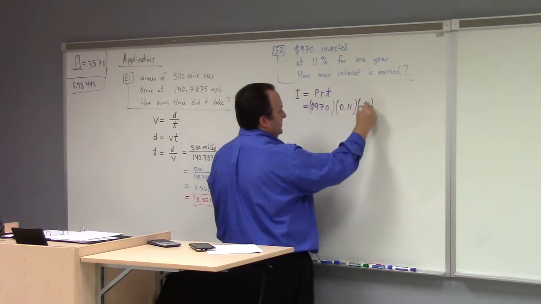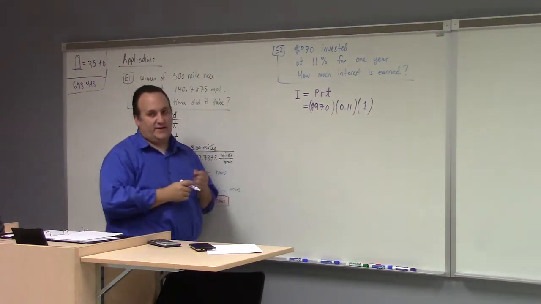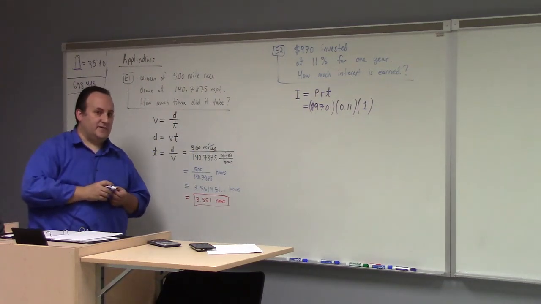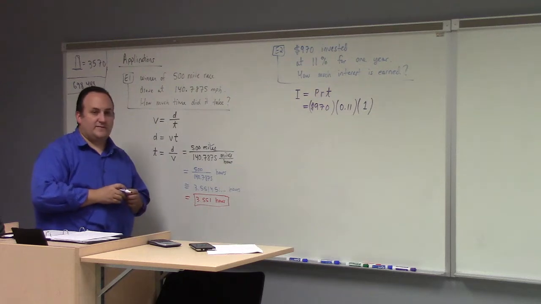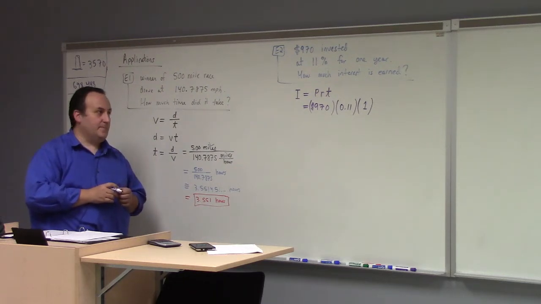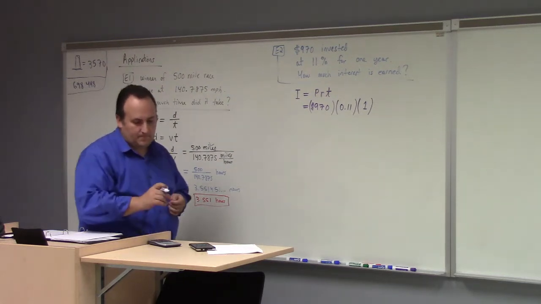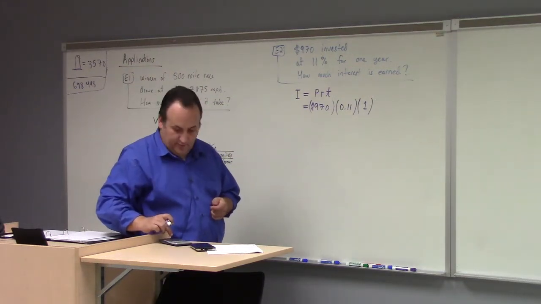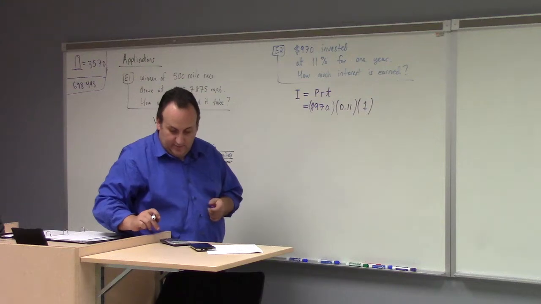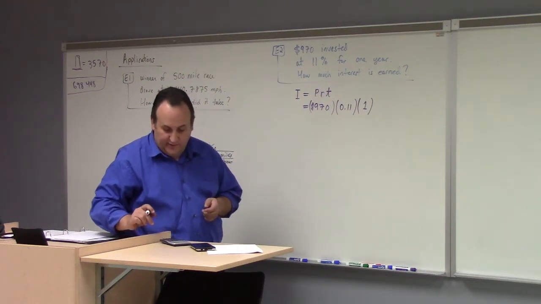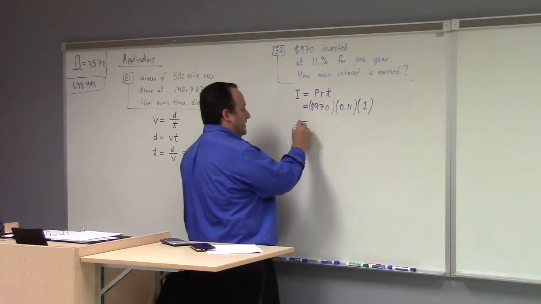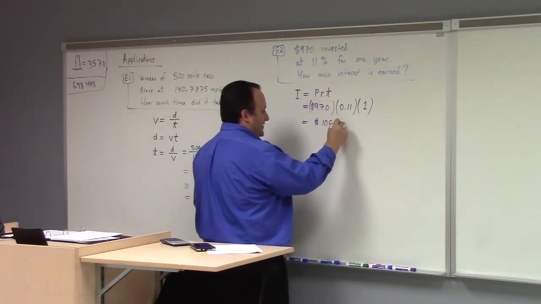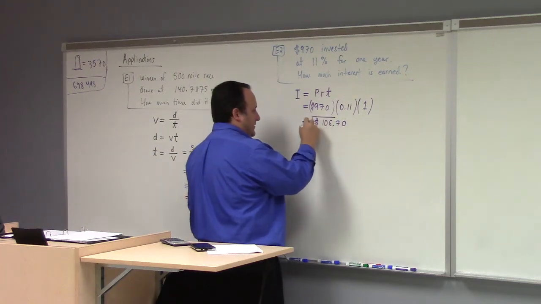The time is more exciting if we ask this question for like a half a year, right? For a half a year, you'd put 0.5 for the time. Anyway, get my handy dandy calculator out, 970 times 0.11. It gives me 106.7. So $106.70 would be the answer here.